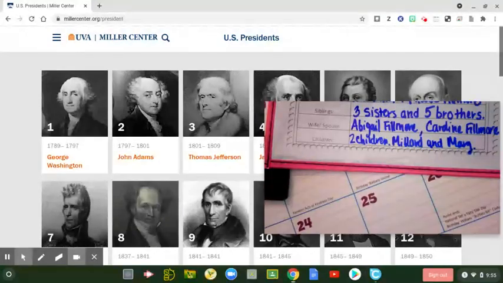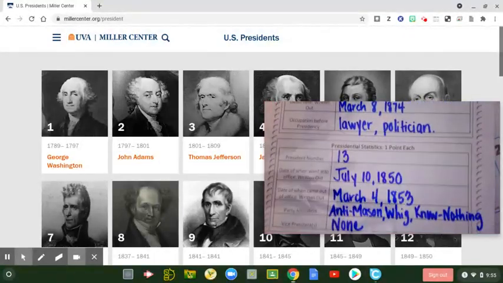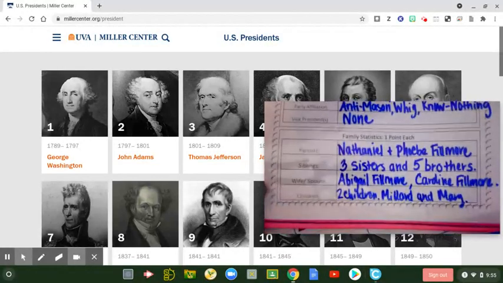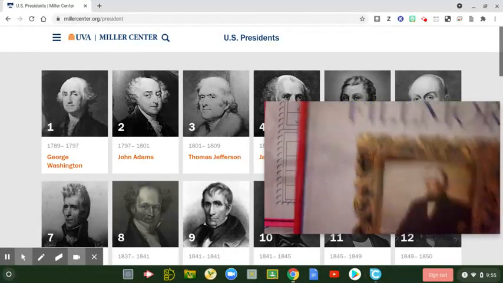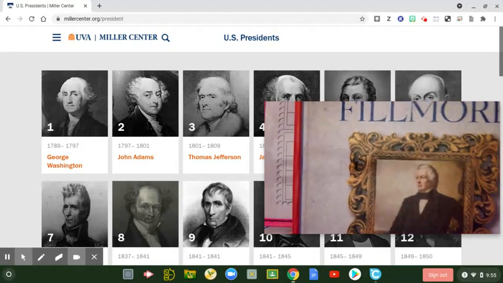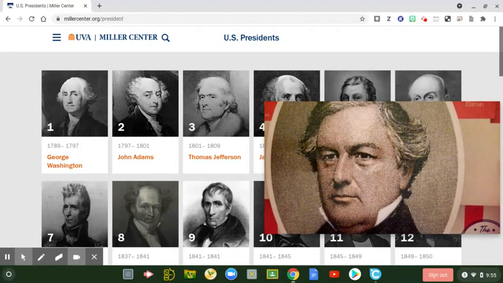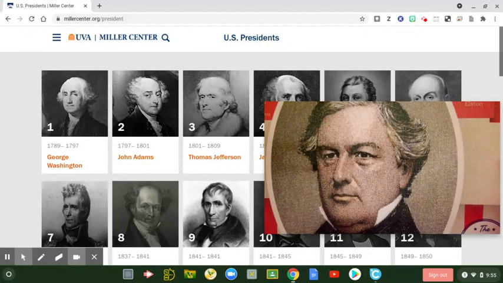All right, Mrs. K is done with the first 3 sections of my research. Most of it is found right in that blue book, but I did have to go to this book to get the number and then to see if I could find how many siblings he had. You might have to do that also. You might have to go to the website.